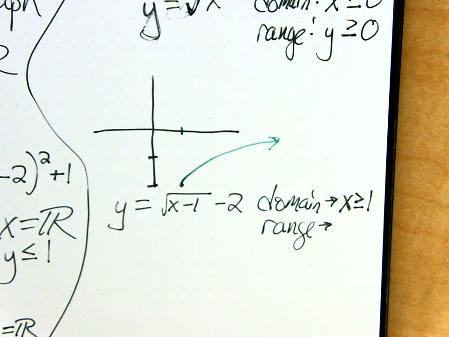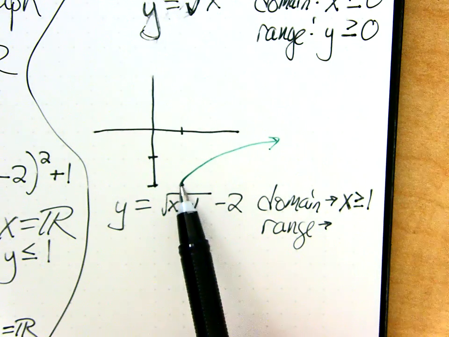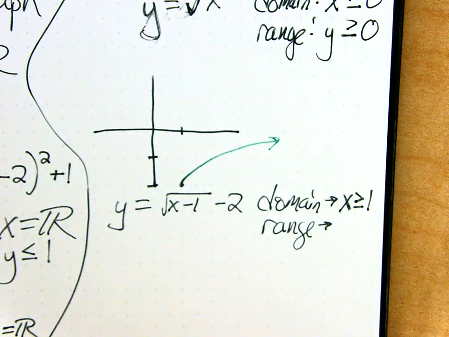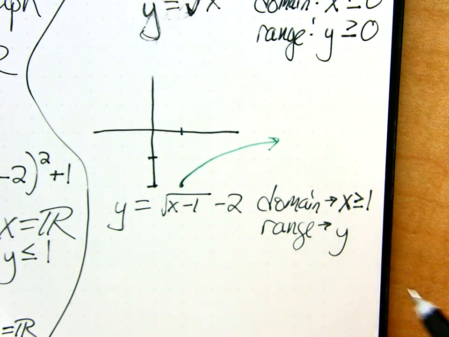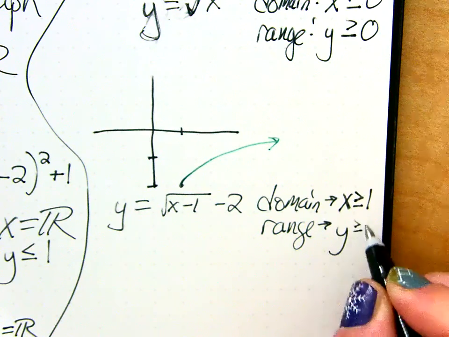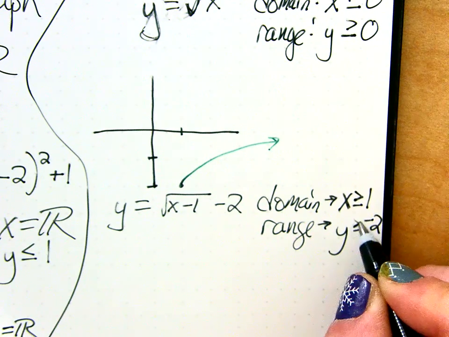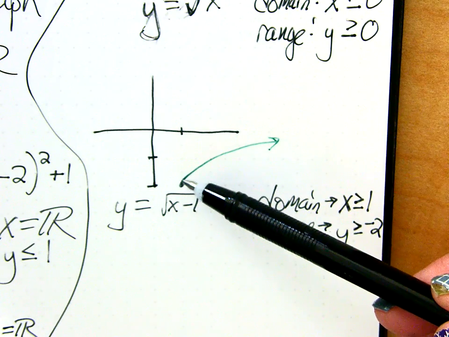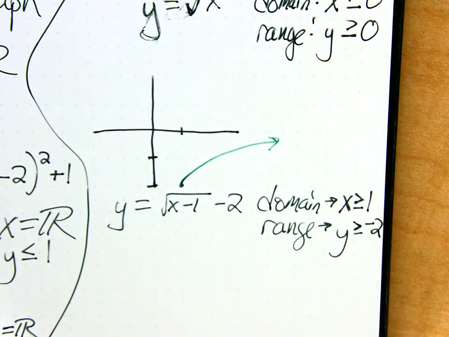The only x's that I have represented in my graph start at 1 and everything bigger than it. Okay? And then the range would be y is? You got it. Greater than or equal to -2. That's the lowest y value I have, and then I get everything above that.